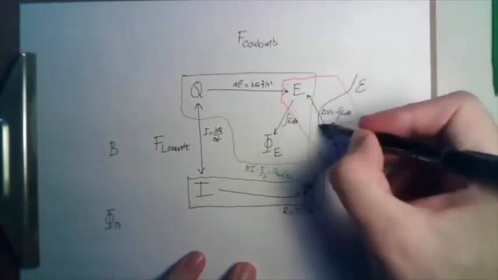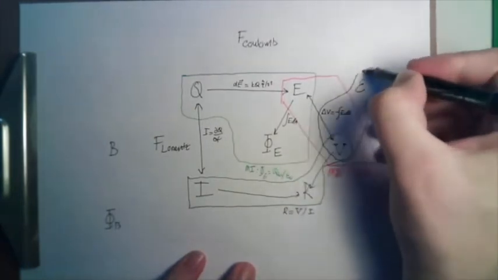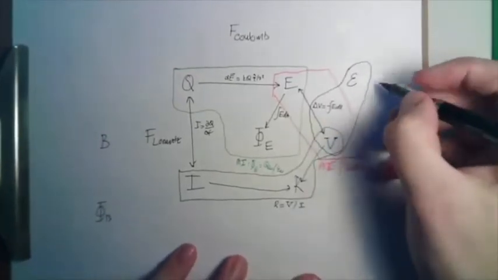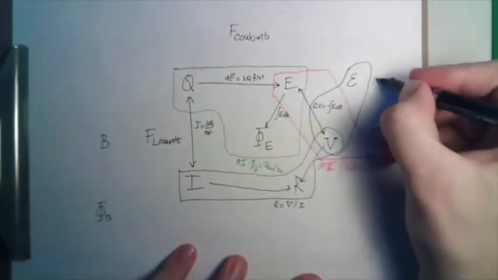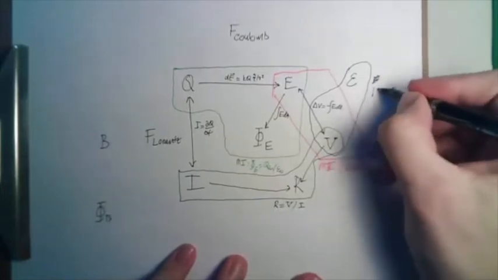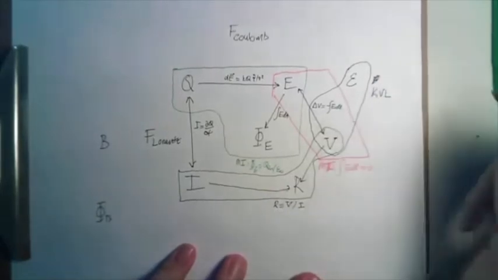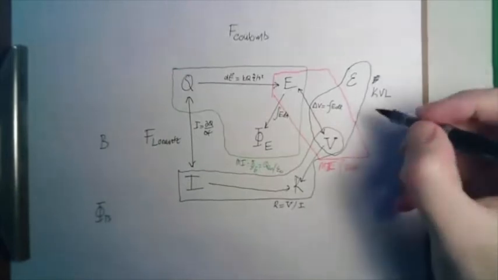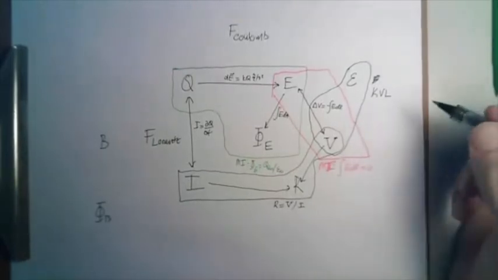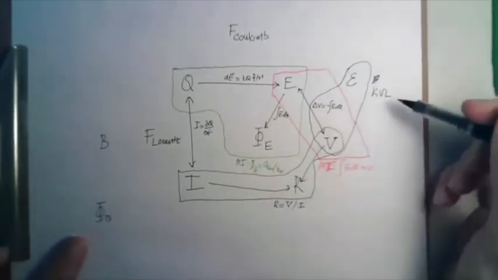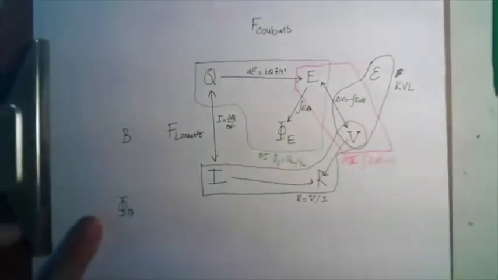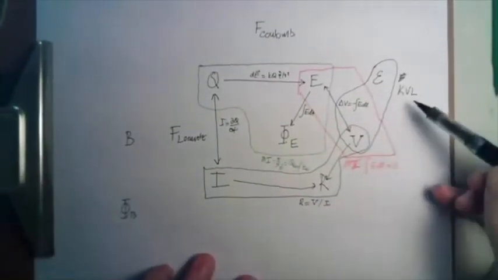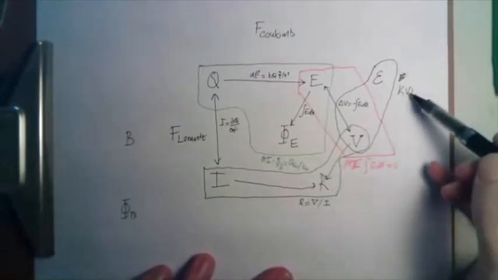So I'm going to pull these together, and I'm going to say this together is Kirchhoff's voltage law that says that voltages in a closed path are adding up to 0.